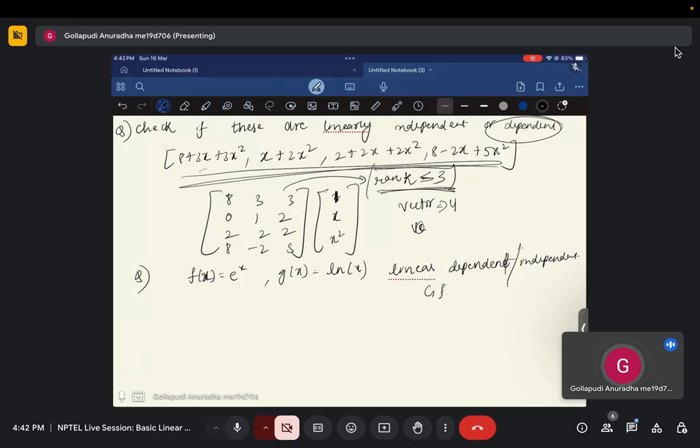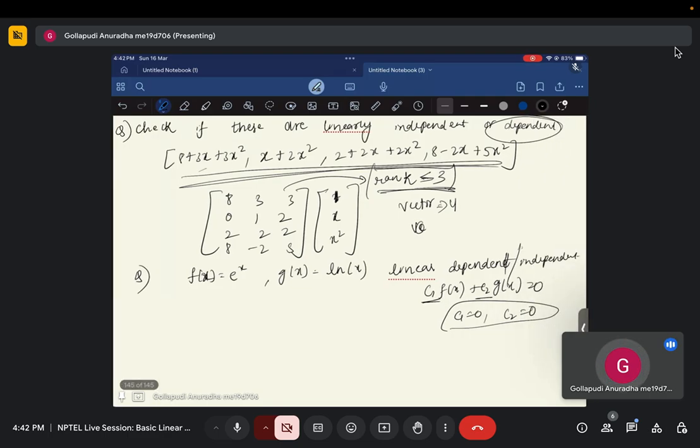Basically, if you take constants and the combination is 0, then individually c1 should be 0 and c2 also has to be 0, right? If and only if c1 and c2 are 0, then that is linearly independent. Okay, so let's see for this case.